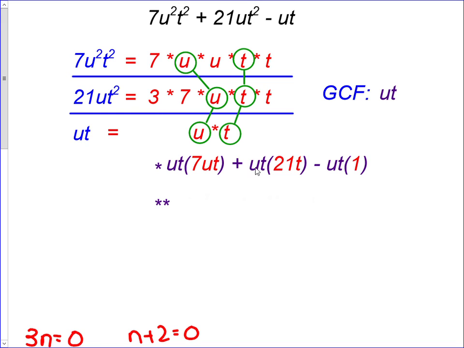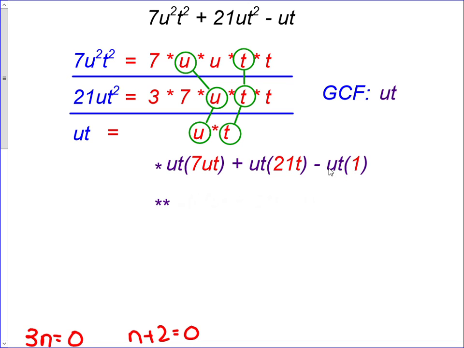So I have ut times 21t. And then from that, I'm going to subtract whatever's left after I pull out the ut here. Well, you might think that there's nothing left, but remember, 1 is always a factor. The ghost of 1 is always there. So we're going to rewrite that as ut times 1.